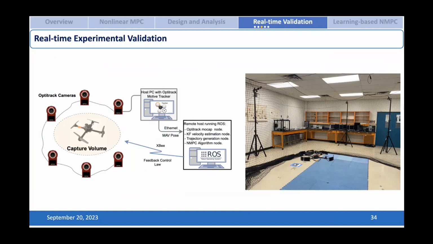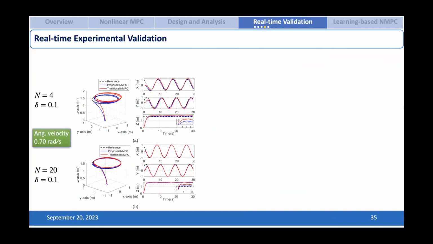Since it's only pose, we need the velocity, so we have another node, a Kalman filter, to estimate the velocity of this vehicle. In our lab, we have the drone here, and we have three of the cameras in the system. So now we can run our system and get the experimental results.